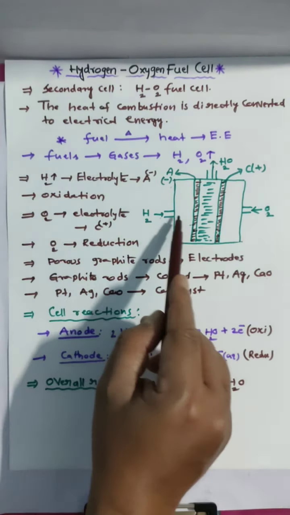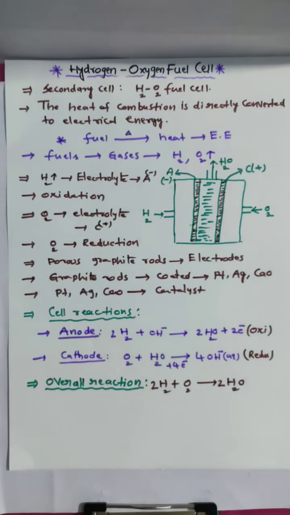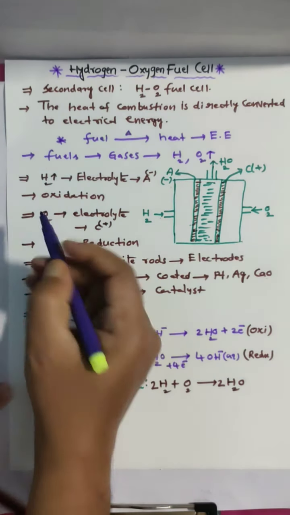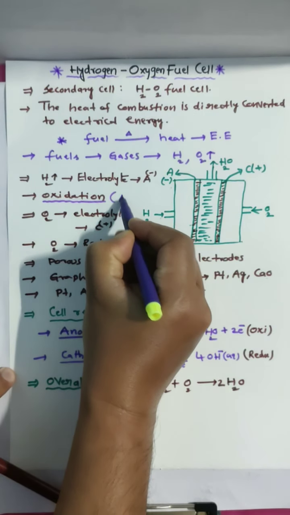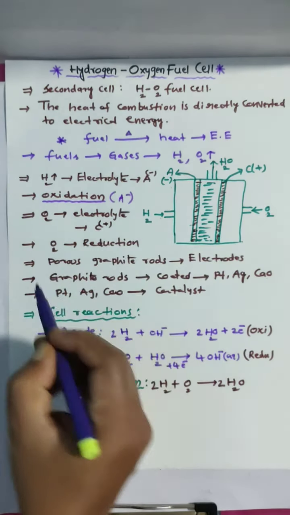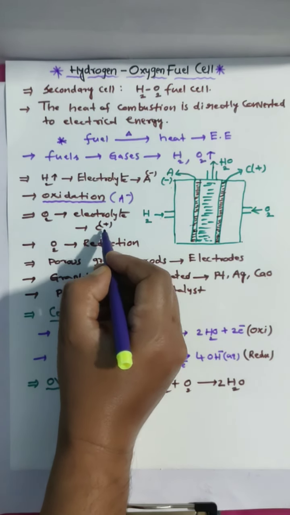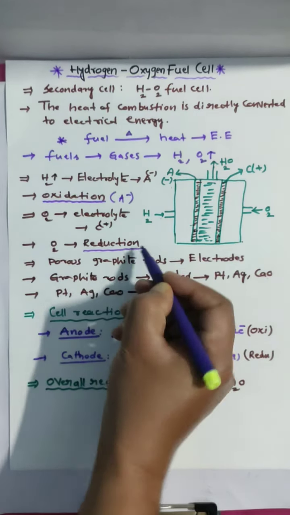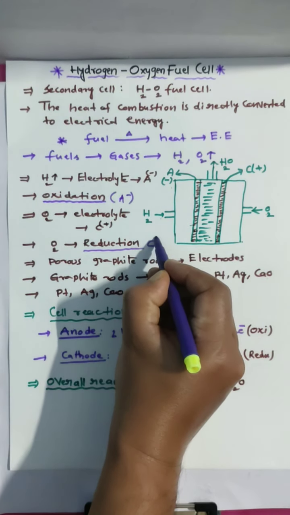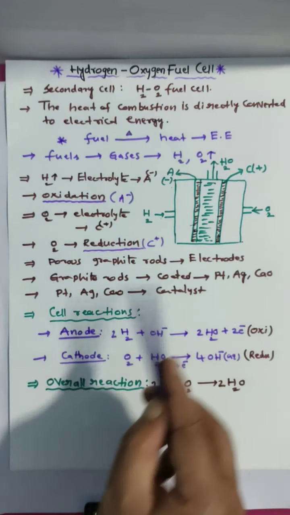Hydrogen, when we bubble at anode, undergoes oxidation. At anode always oxidation will take place. And oxygen we are passing through electrolyte towards cathode, and this oxygen undergoes reduction at cathode. Now I told already this graphite rod is porous.